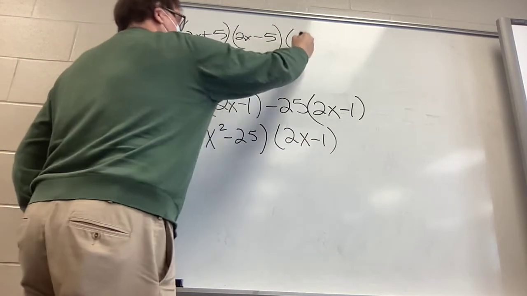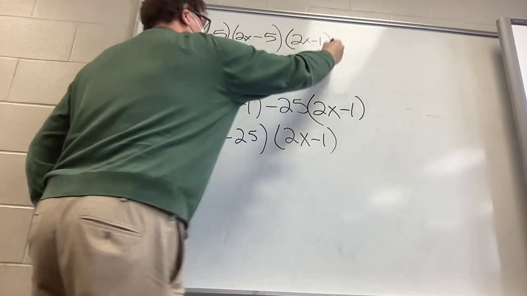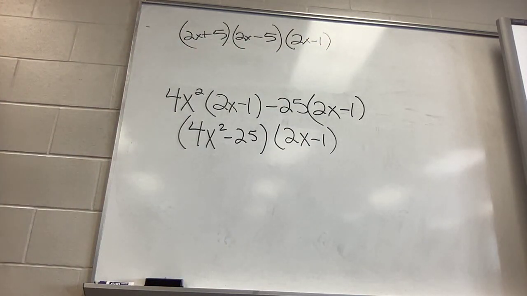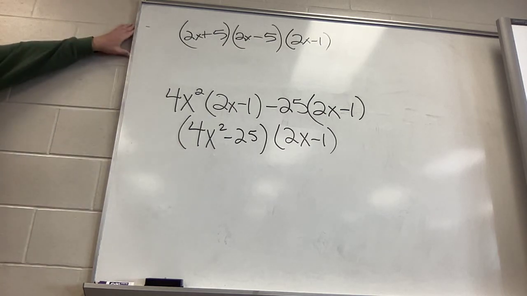This friend just gets written down. Factoring by grouping we've been doing all year. Difference of two squares you've done in previous years. I have mentioned it a handful of times in the last few days.